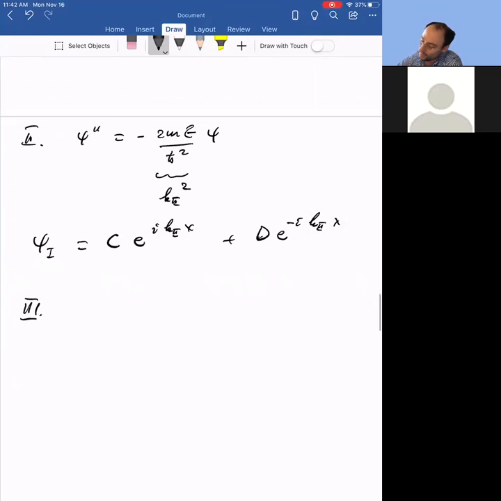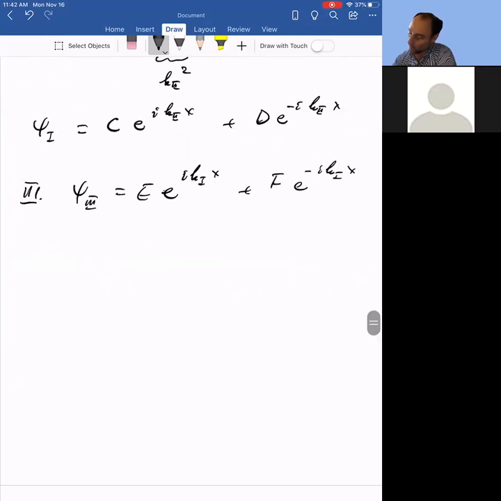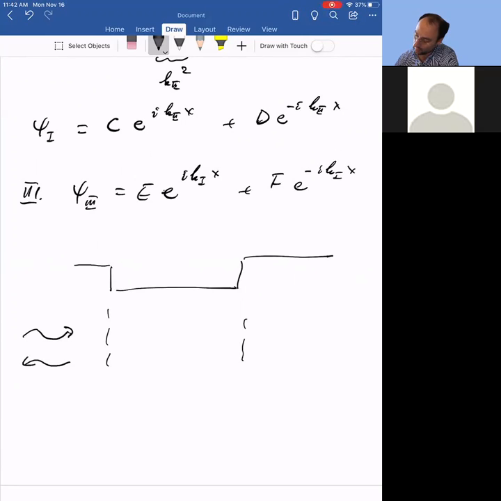And in region 3, the same as in region 1, but I should use different names for coefficients, because in general they will be different. A, B, C, D, E, F. So let me sketch what we have. Again, we have region 1, so I have incoming and outgoing waves.